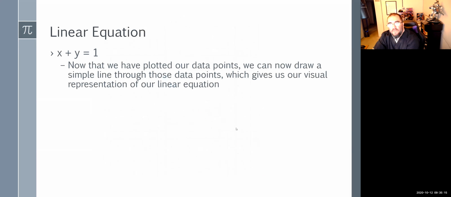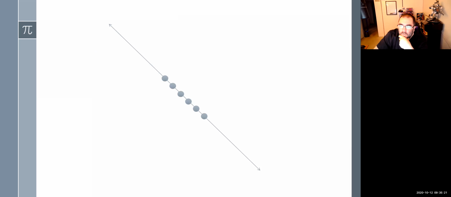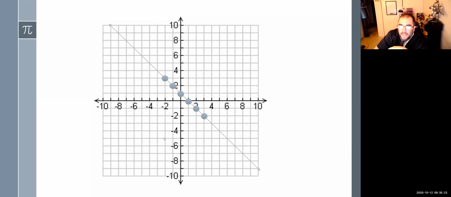So now that we've plotted our data points, we can draw a simple line through those data points to give us our visual representation, which is what I just did, right? We've got that beautiful line going on. We can even figure out, okay, what if x is 10? Well, if x is 10, y is -9, right?